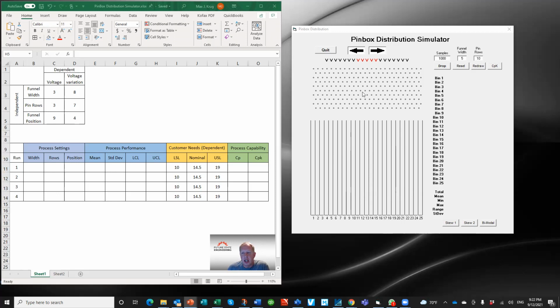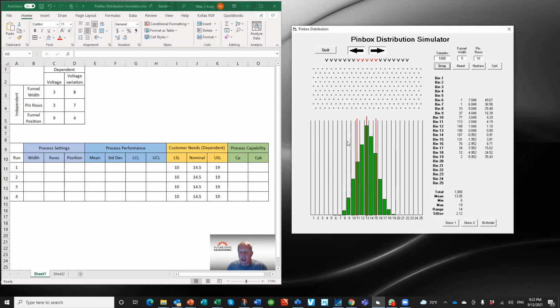So if I set it up here and I run 1,000 samples, and I have a funnel width of 5, a pin row setting of 10, and my position of my funnel here is at 8, and I run it, let's see what happens.